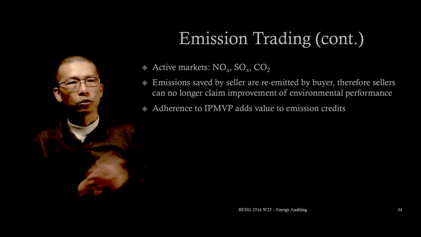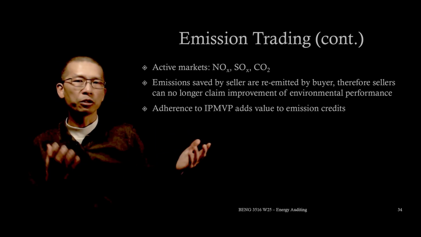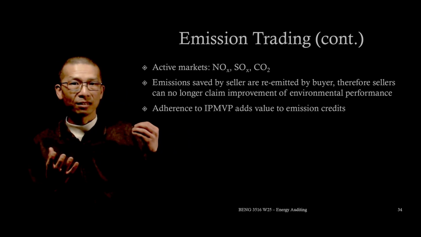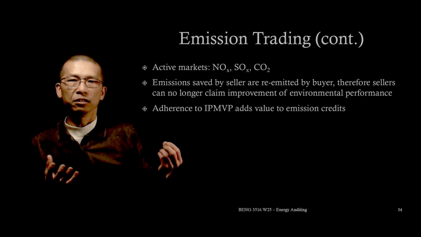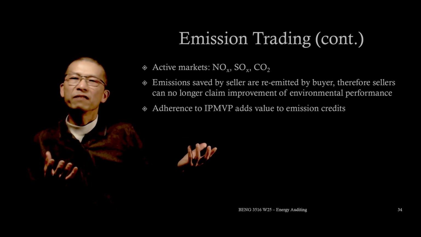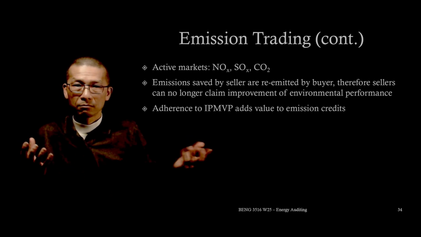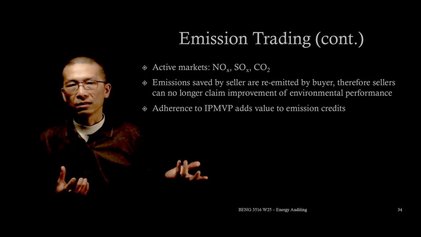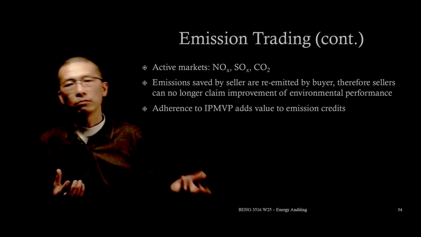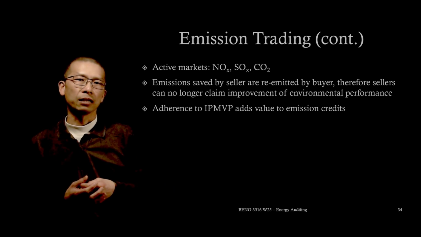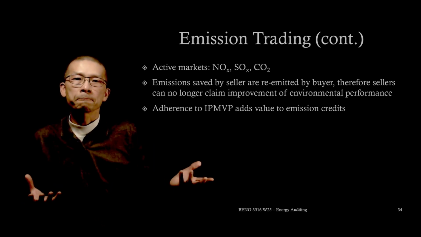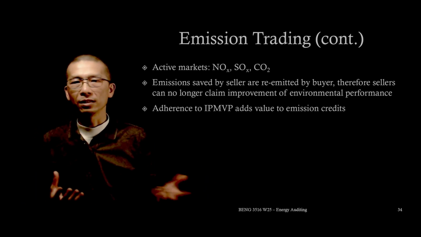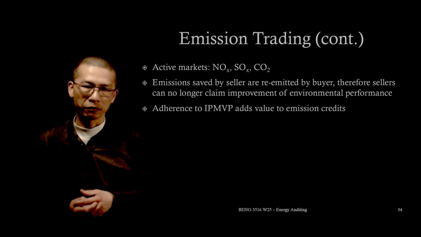Okay, so the role of MMV, measurement and verification: adhering to robust MMV practice, like IPMVP, enhances the credibility and the value of this emission credit by ensuring that reported savings are accurate and verifiable.